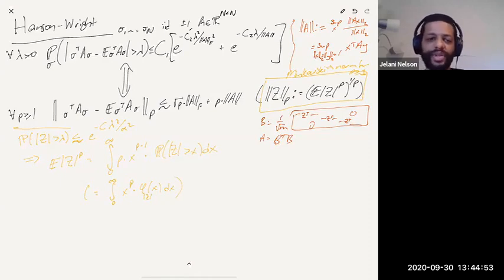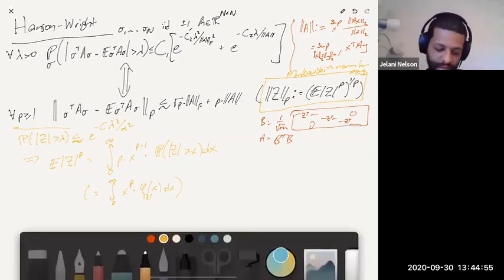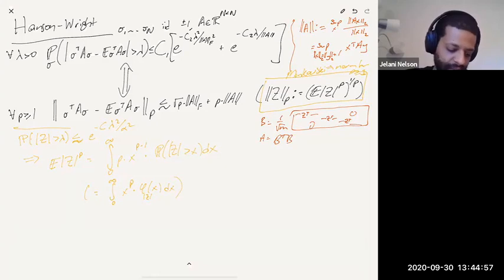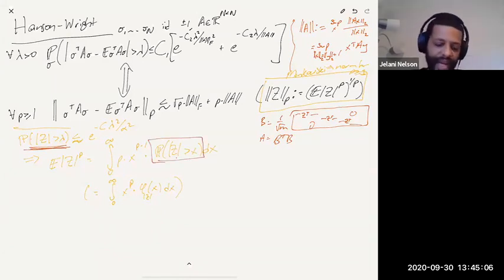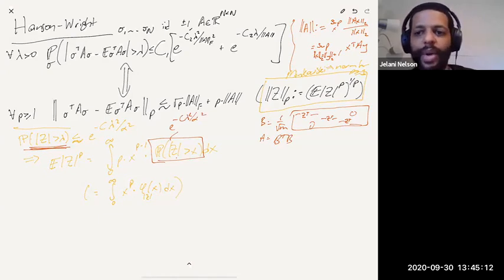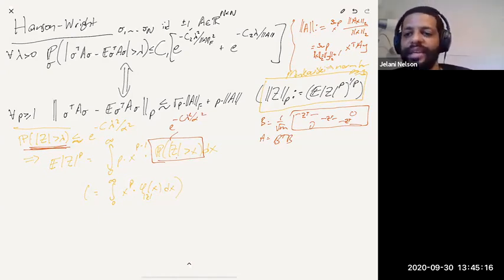Now, you told me that I have a bound on the probability that z is bigger than lambda, so I'll just apply that bound to this. Then I get that this thing is at most some constant times e to the minus c lambda squared over alpha squared. And now what am I integrating? I'm integrating exactly the Gaussian tail bound.